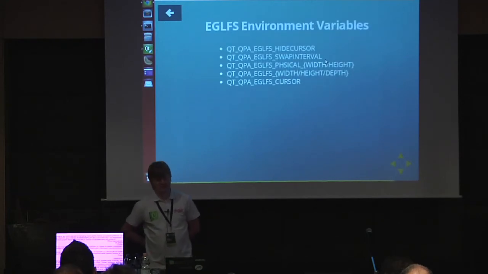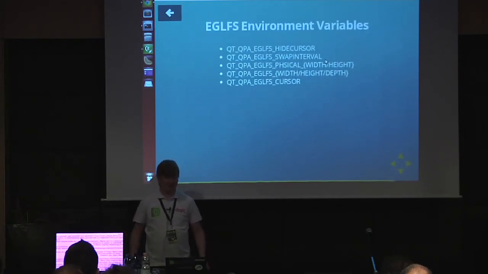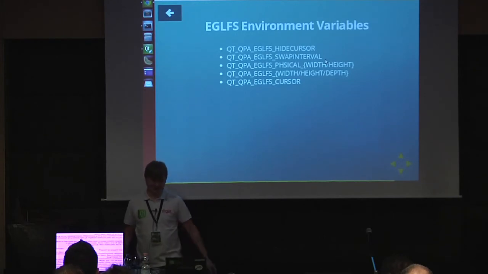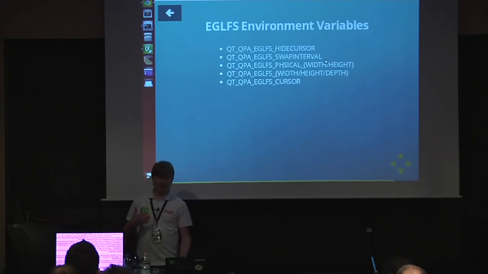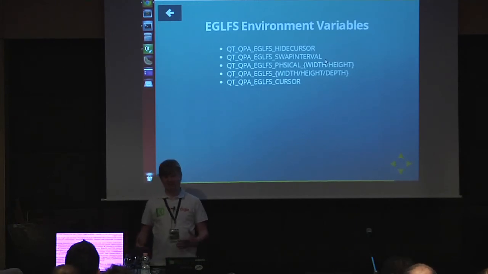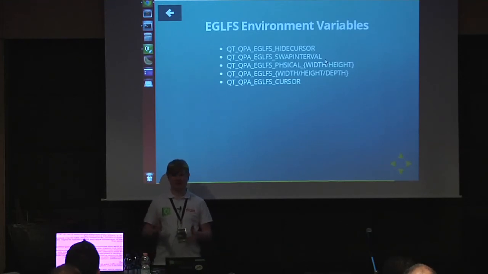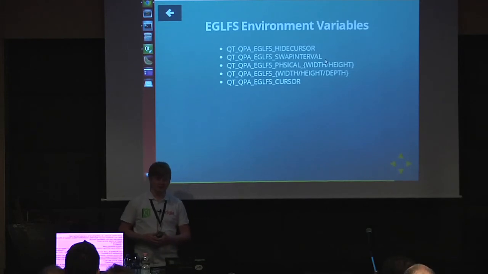Some of the EGLFS environment variables that are quite useful, if you have this limitation, are the following. If you want to hide or unhide the cursor, you can use the EGLFS hide cursor setting, and that's just a Boolean 1 or 0. You can also set the swap interval, and this is a direct relationship to EGL swap interval.